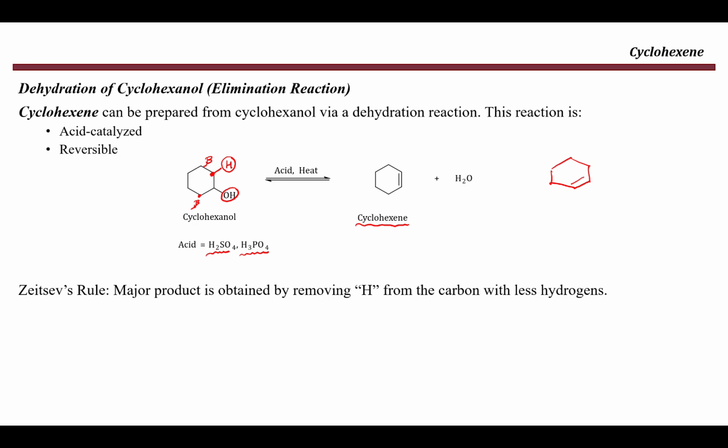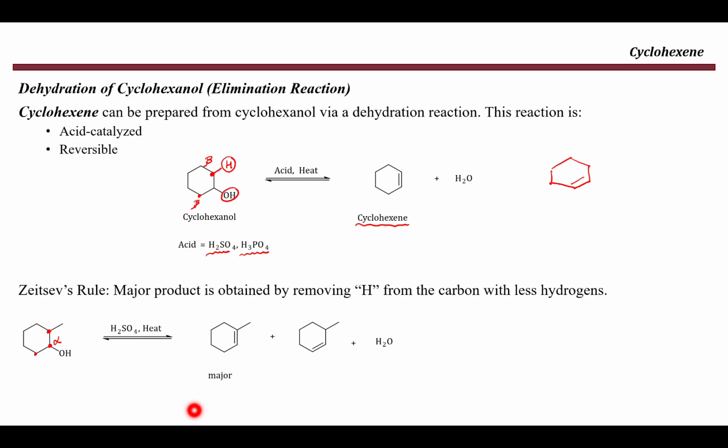Let's take an example to understand this. For example, in this case here, which is a methyl cyclohexanol, this is the carbon which is bonded to the OH, and this is usually called the alpha carbon. Now we have two beta carbons. We can either remove a hydrogen from this beta carbon, or we can remove a hydrogen from this beta carbon, and each one is going to give us a different product.